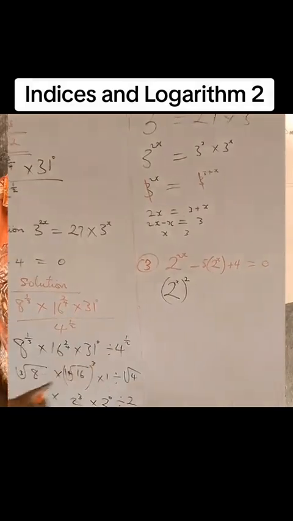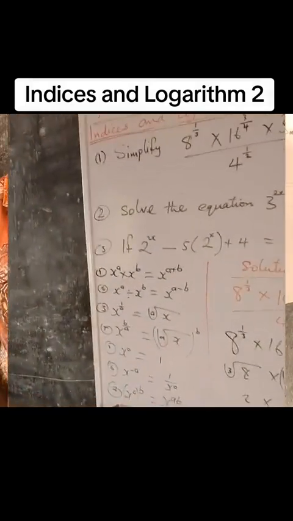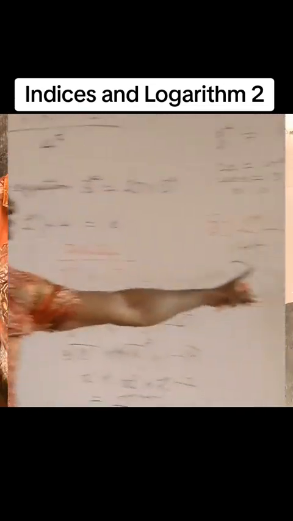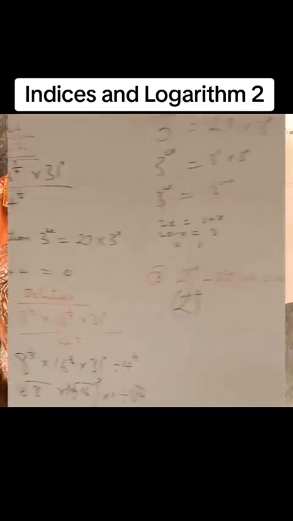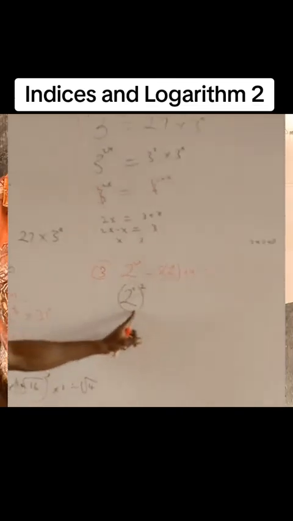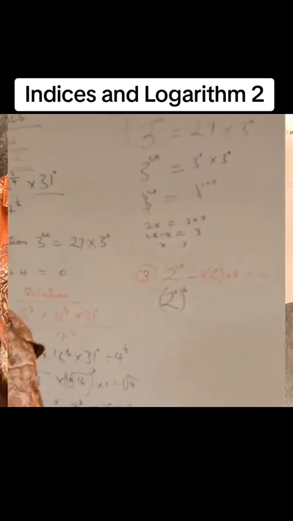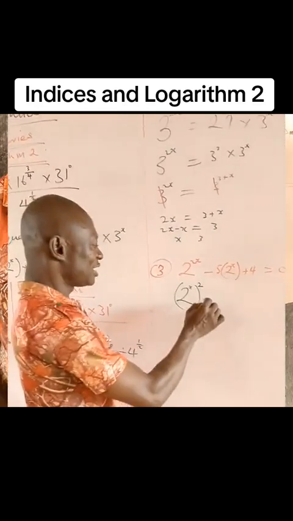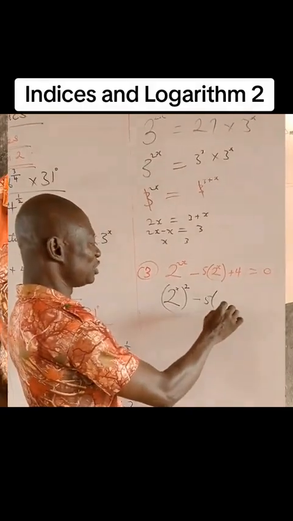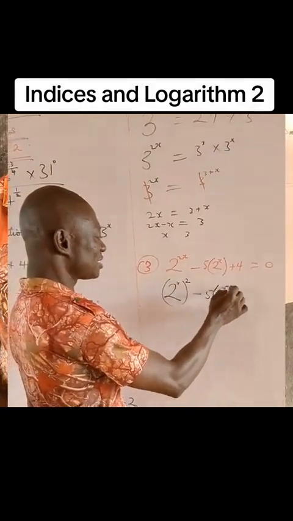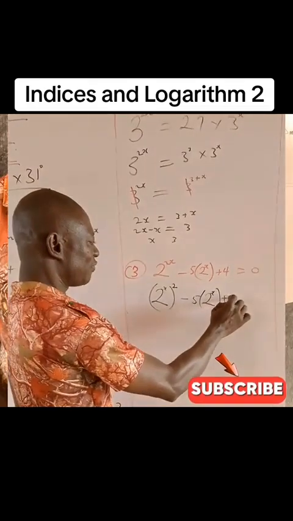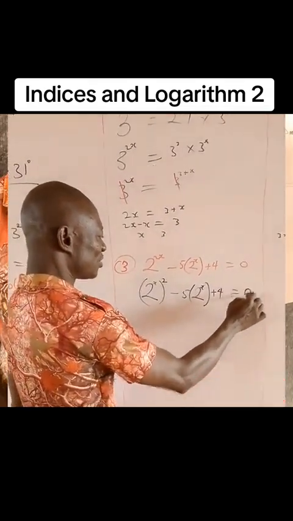Remember, if we use the law of indices, number 7, to simplify this, we get it back to this. We want to write it this way because it resembles what we have here, and it's going to help us as we continue solving. So we have it here as minus 5 into 2 raised to the power x, bracket, plus 4 is equal to 0.